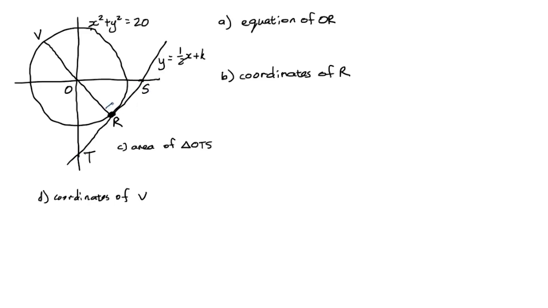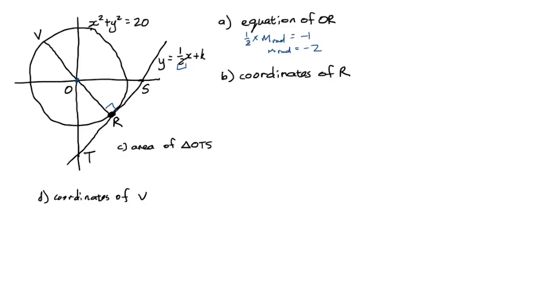So to begin with, the radius is perpendicular to the tangent, so that makes an angle of 90 degrees. And so if the gradient of the tangent is half, then we use this formula. The gradient of the tangent times the gradient of the radius should equal -1, and that gives us the gradient of the radius as -2.